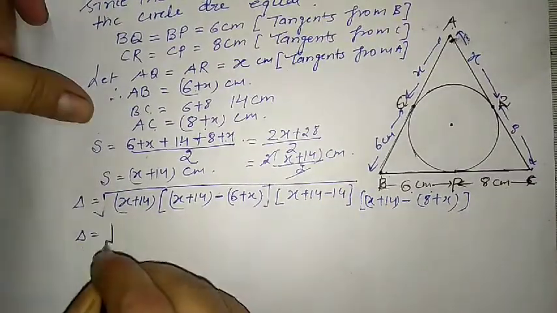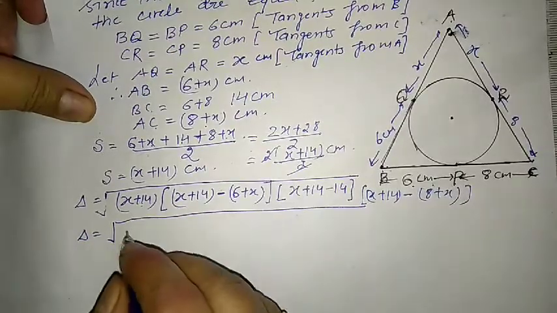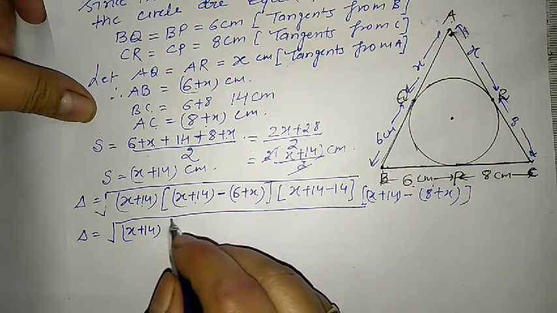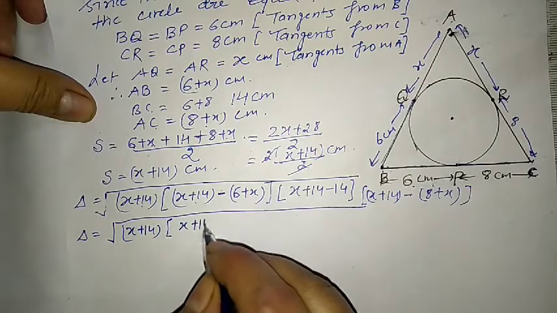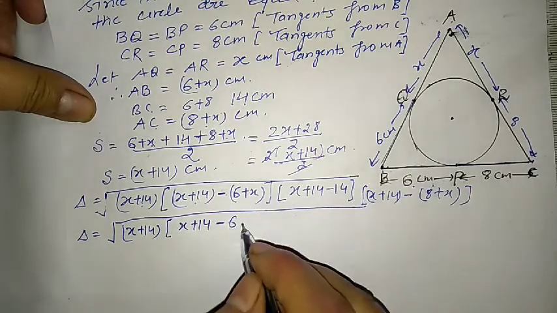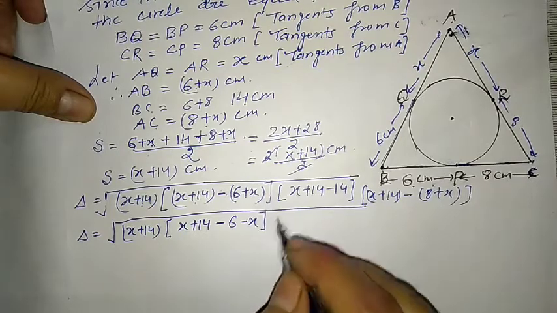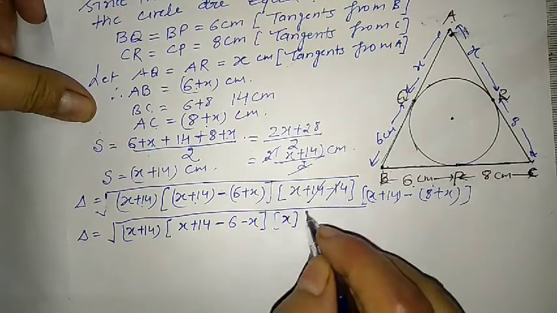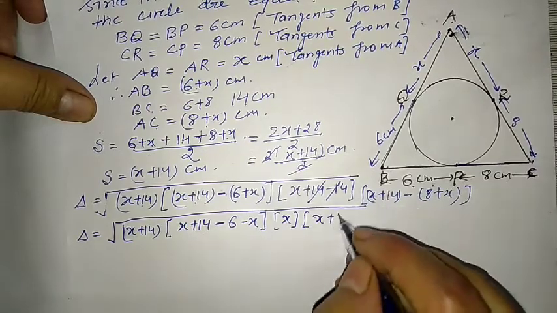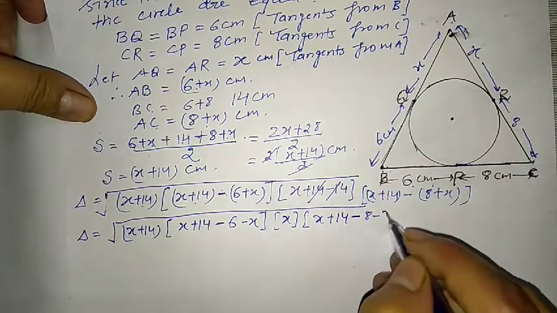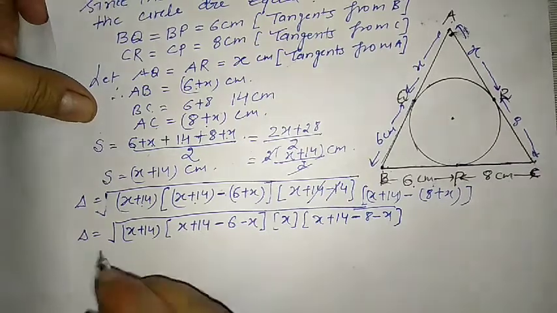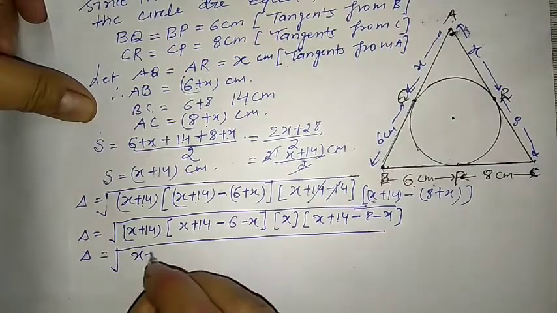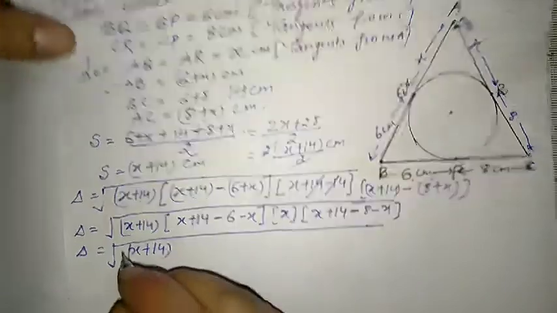Area is equal to under root X plus 14. First X plus 14 as it is. If we open the bracket here, X plus 14 minus 6 minus X. Here this 14 can be cancelled and we are having only X. Here also X plus 14 minus 8 minus X. So area is equal to under root X plus 14.